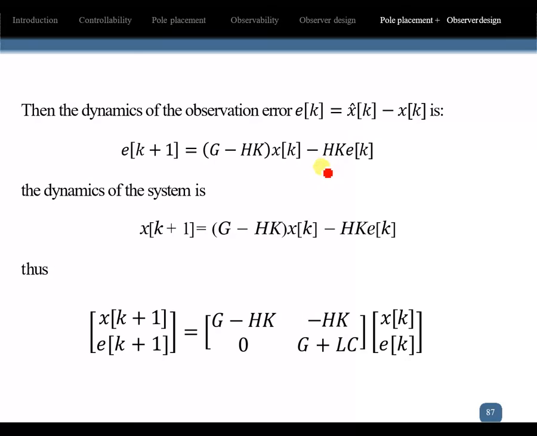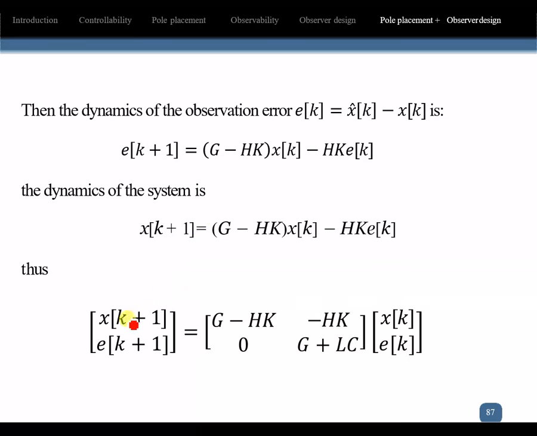If you substitute the system dynamics, you can find x(k+1) = (J - HK)x(k) - HK e(k). And if you put it in matrix form, x(k+1) and e(k+1), you can find J minus HK multiplying x(k), minus HK, and for e(k+1) the first entry is 0 and the other one becomes J + LC for e(k).